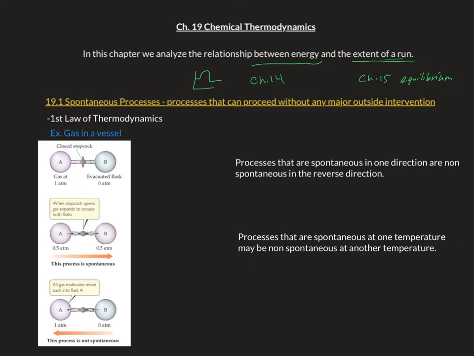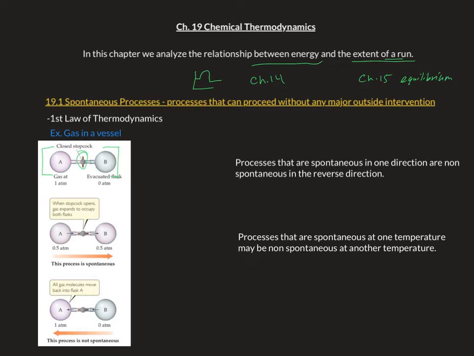An example of a spontaneous process could be gas in a vessel. If we look at this picture here from your book, we can see that we have a purple gas here on the left, and the other side is empty. If you were to turn this turnstile and open this nozzle, you all know obviously what would happen.